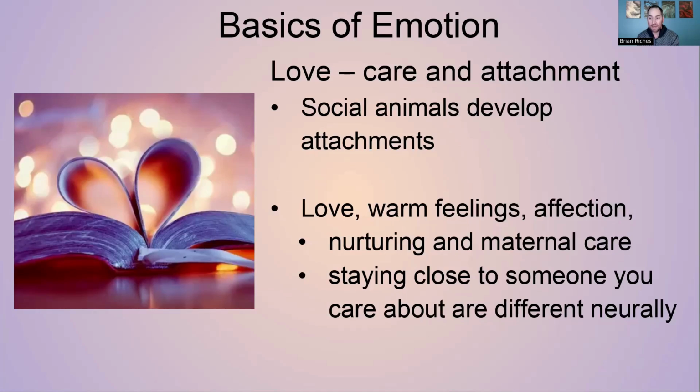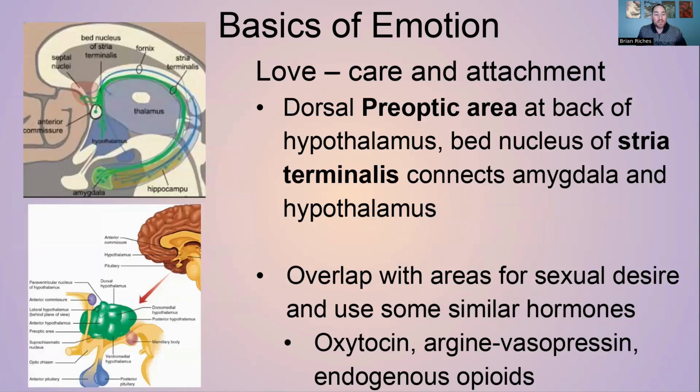So with that being said, some of these areas here, these are more specifically the ones for nurturing. So the love or area for nurturing, we have the dorsal preoptic area at the back of the hypothalamus. So here we go. Dorsal preoptic area is over here. So here's the preoptic area, and dorsal means like on the back, think like dorsal fin of a creature.